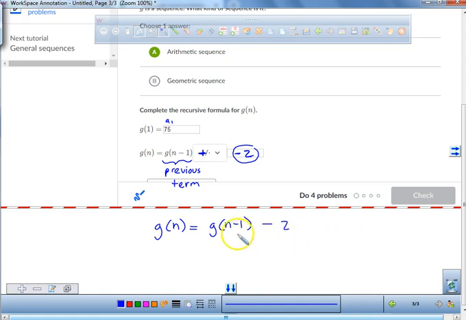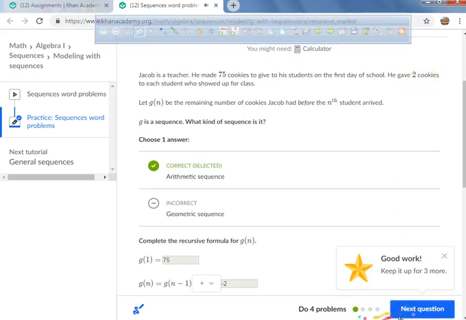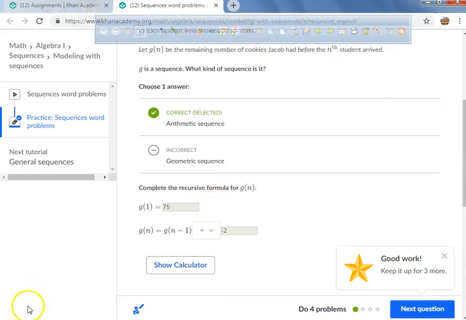So every single time you get a previous term, you're just going to take away 2. Start with 75, then 73, then 71, and so on and so forth. So I'm going to put plus, but I'm actually going to type in a negative 2 because he's giving the cookies away. Okay. So right there is your final answer.